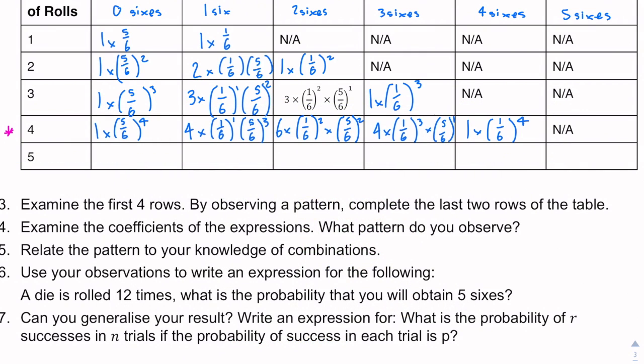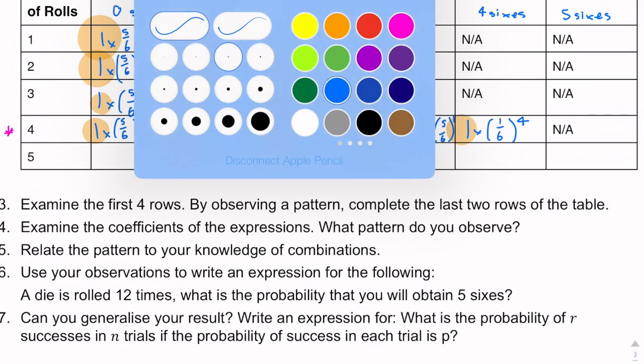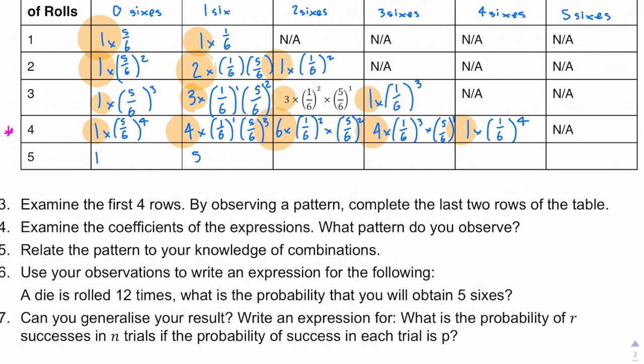The numbers we're coming up with as our coefficients are 1, 1, 1, 2, 1, 1, 3, 3, 1, 1, 4, 6, 4, 1. Pascal's triangle. 1, 5, 10, 10, 5, 1.